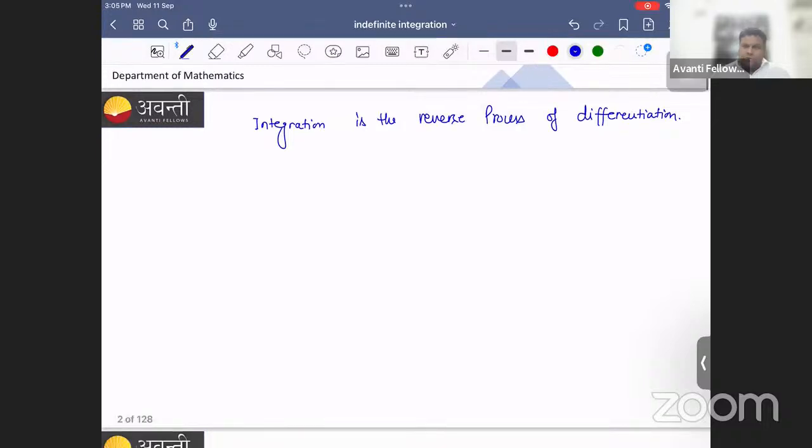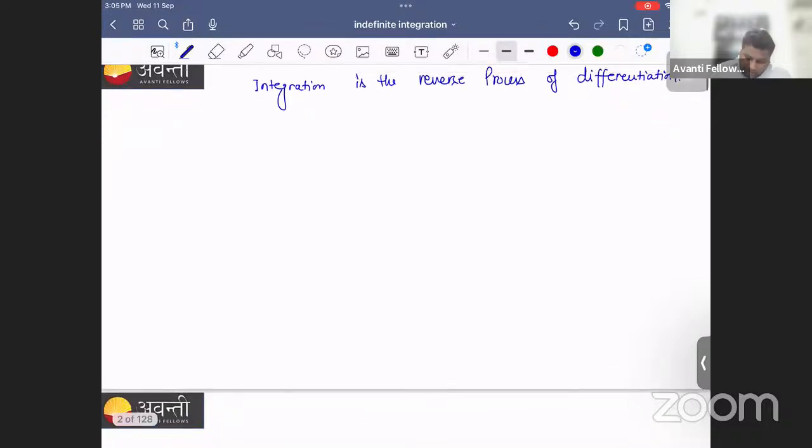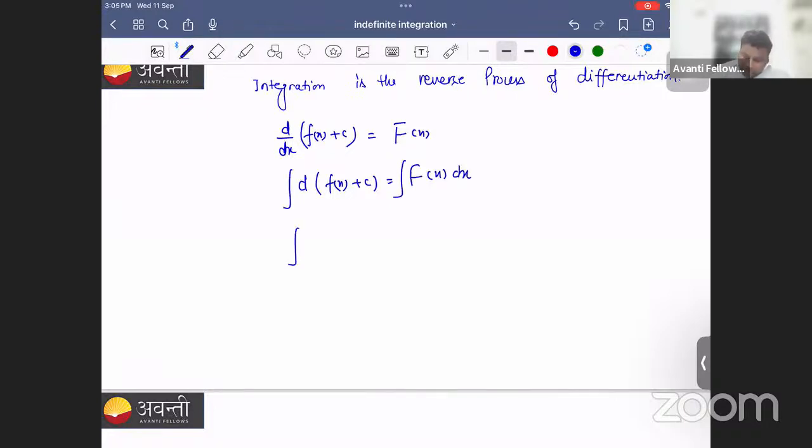So that means if d by dx of capital F(x) plus constant, let us assume this is some small f(x), that means the derivative of F(x) plus constant is f(x). So if I apply integration, the integration of f(x) dx will be F(x) plus constant.